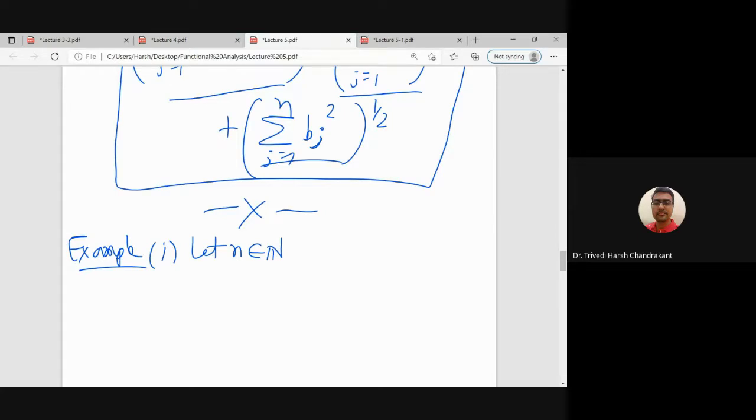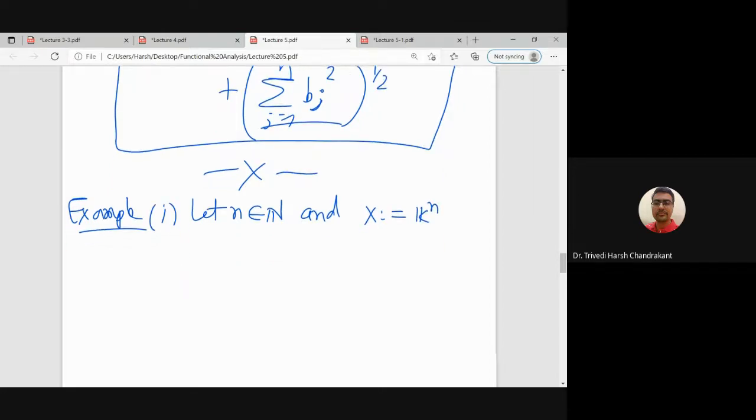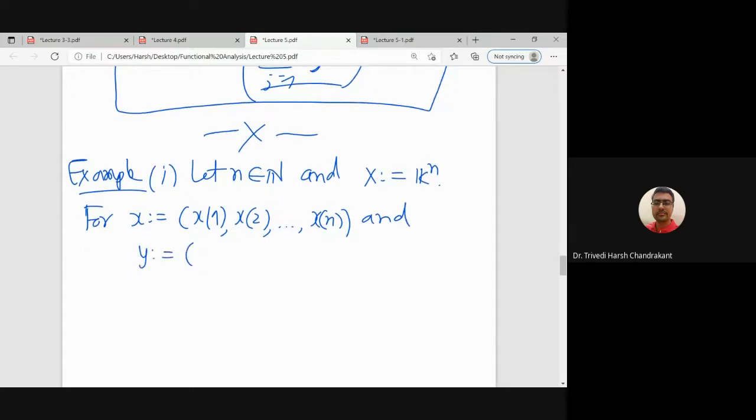So take n belonging to the natural numbers and X defined to be Kn, that means n coordinates of real or complex numbers, for any element x which is x1, x2, up to xn, and another element y which is y1, y2, up to yn, in Kn.